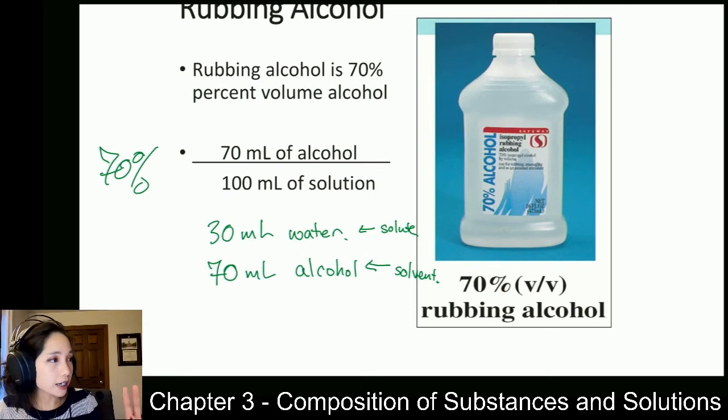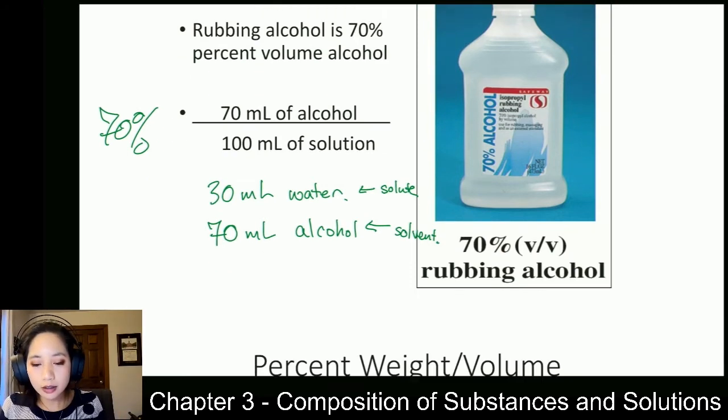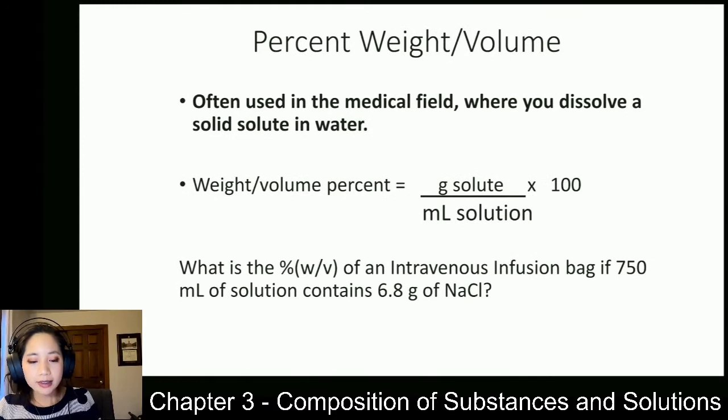All right. So that's our second concentration unit we can talk about. Then lastly, we have one last concentration unit that is often used in the medical field. I know a lot of you are in biology, dentistry, those majors, so you will oftentimes see percent weight by volume in different medical applications. This is used where you dissolve a solid solute in water.